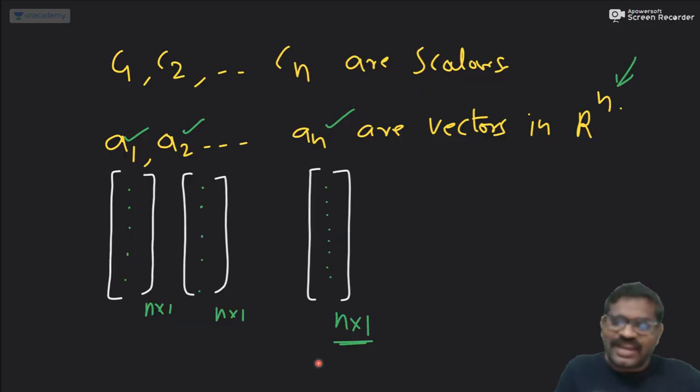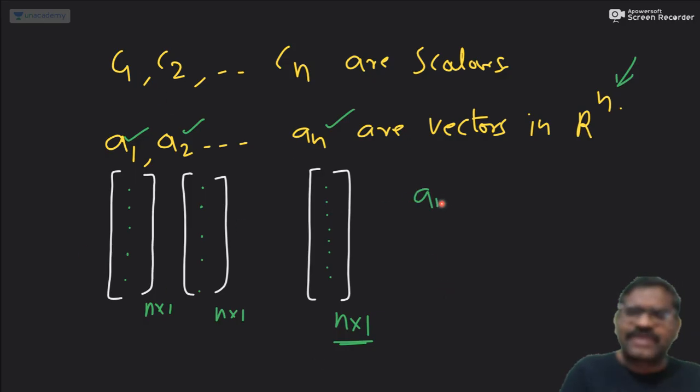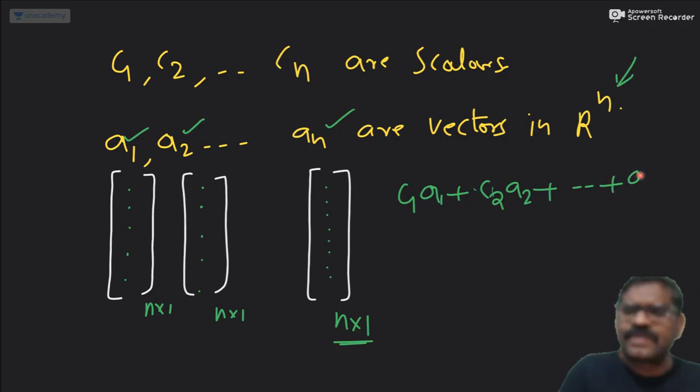In the linear combination of the vectors, A1 is a vector and C1 is a constant. C1 A1 plus C2 A2 plus Cn An equal to 0.